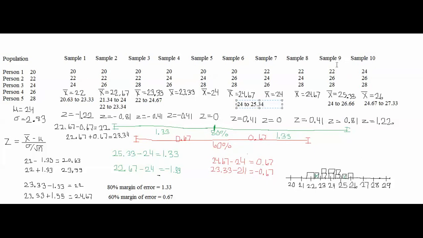So the 60% confidence interval for sample 6 does include the population mean.